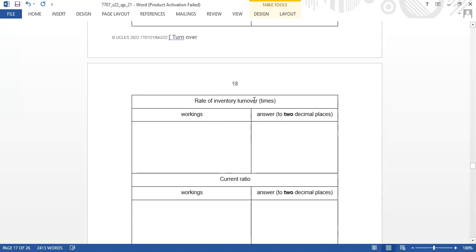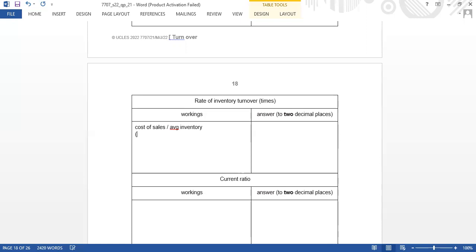If the question says the days are 360, then we multiply by 360 days. Now, in times, we have to calculate cost of sales divided by average inventory. Average inventory is calculated by opening inventory plus closing inventory divided by 2.